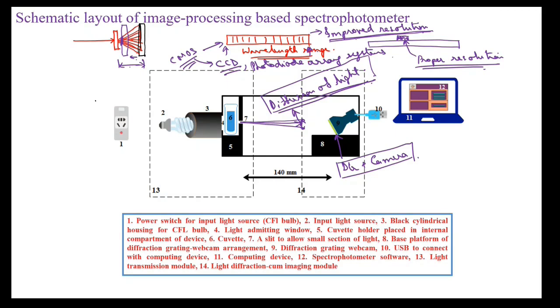However, recently with the immense advancement in CMOS sensor technology, nowadays mostly CMOS sensors are being used in this kind of image processing based spectrophotometers.